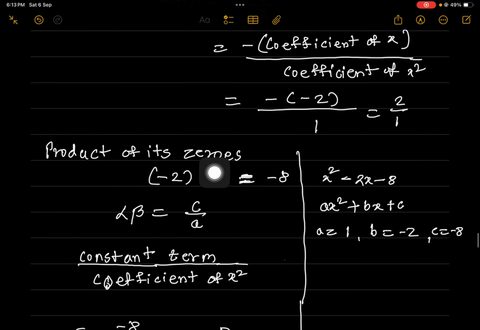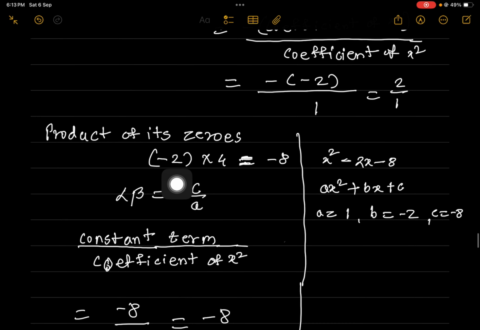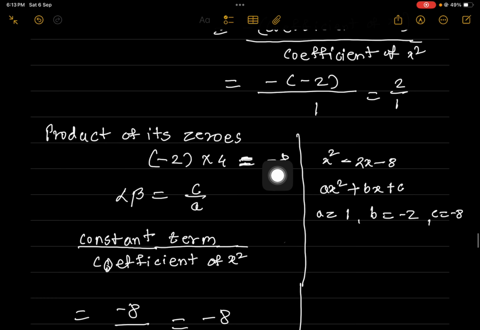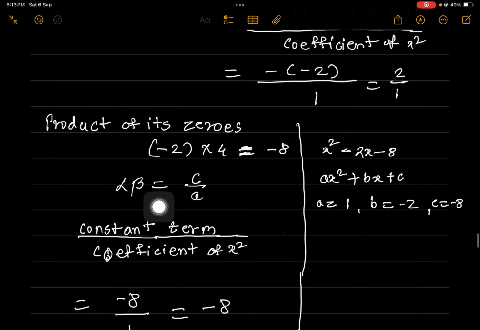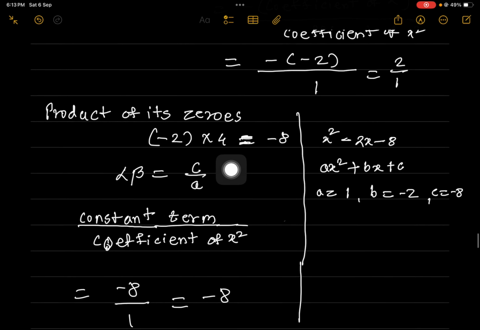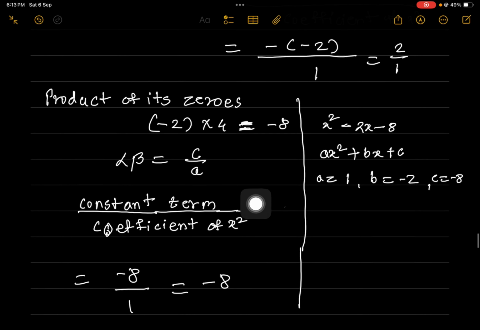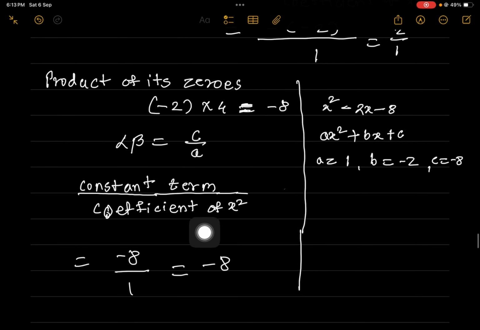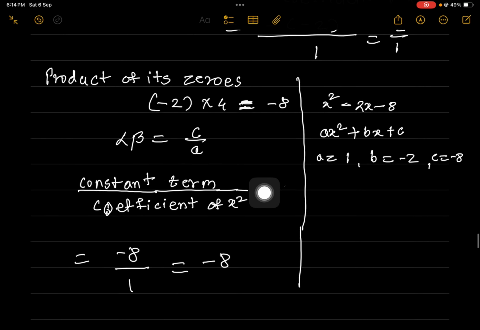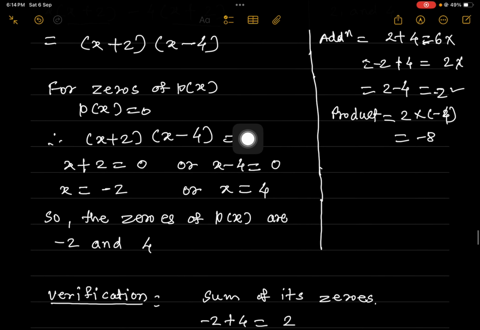Now, the product of the two zeros: minus 2 into 4 becomes minus 8. Then alpha into beta, the product, is c upon a. c means the constant term, and a means the coefficient of x square. The constant term is minus 8. Which is the constant term in this polynomial?